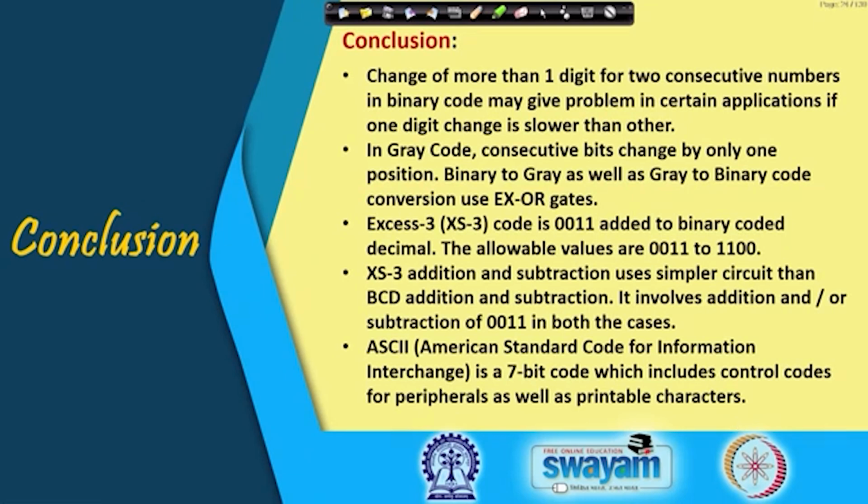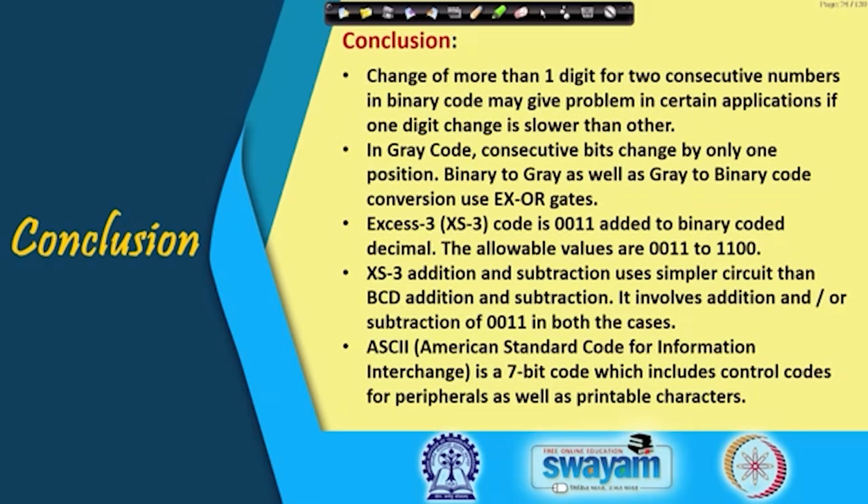A change of more than one digit for 2 consecutive numbers in binary code may give problems in certain applications, if one digit changes slower than the other, for which we discussed gray code, and we have binary to gray and gray to binary conversion using XOR gates.